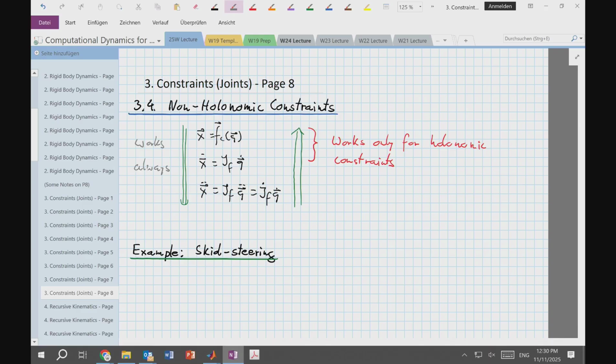Mathematically, what this means is that the constraints on velocity level are not integratable. So we cannot integrate them to get constraints on position level.